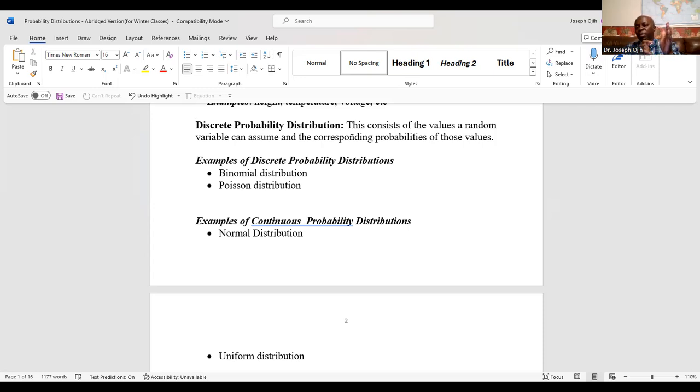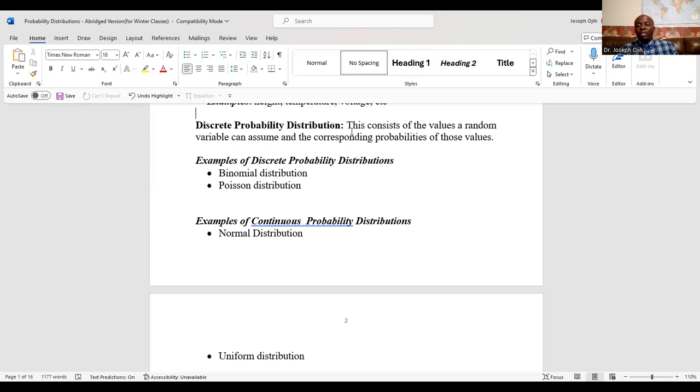The values that a random variable can have and their corresponding probabilities make up a discrete probability distribution. Let me put it this way: this is the general definition of a probability distribution.